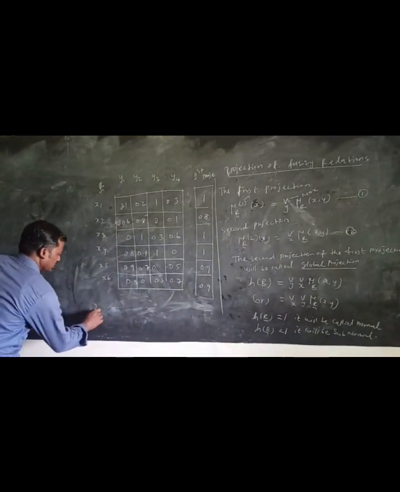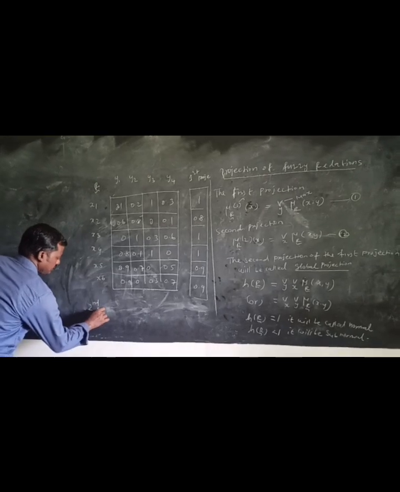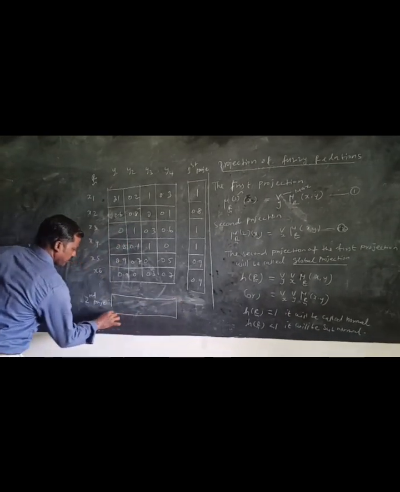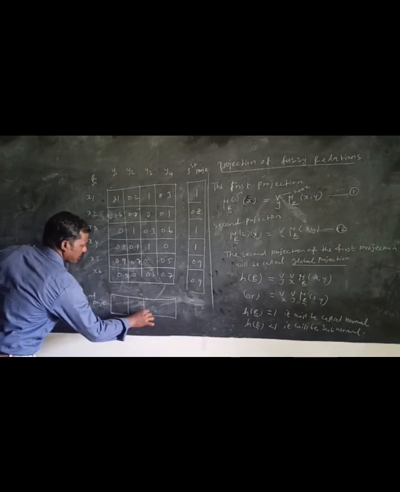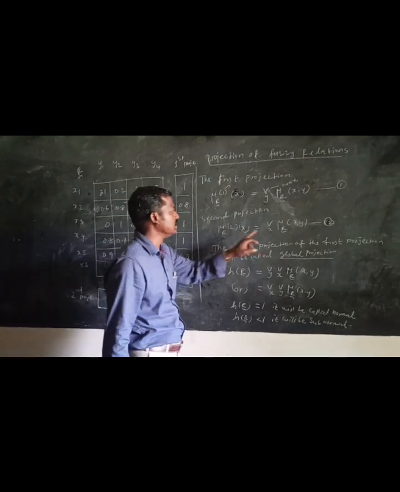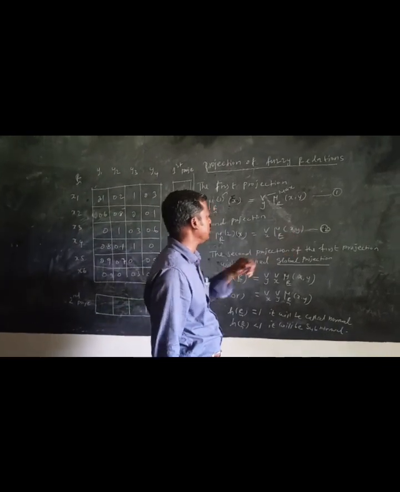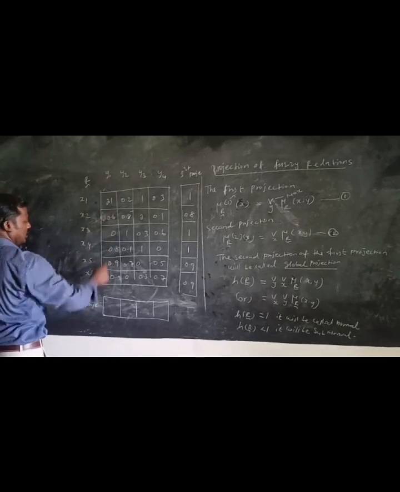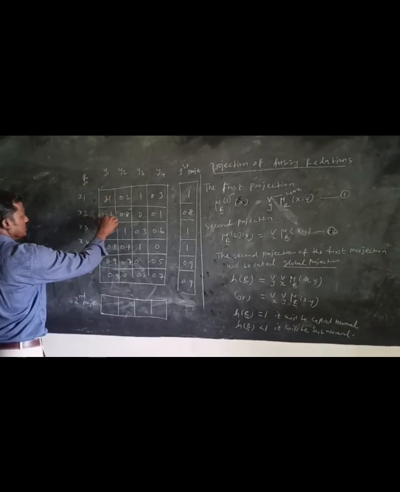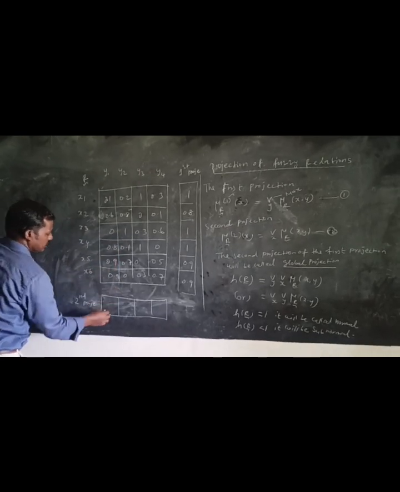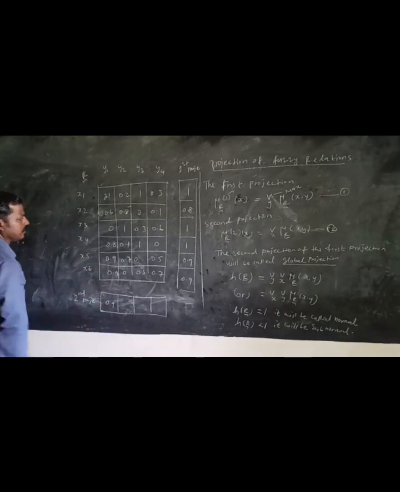Next, the second projection. The second projection of the fuzzy relation R is μ_R(y), the maximum over x of μ_R(x, y). The maximum of 0.1, 0.6, 0, 0.8, 0.9, 0.9 is 0.9.